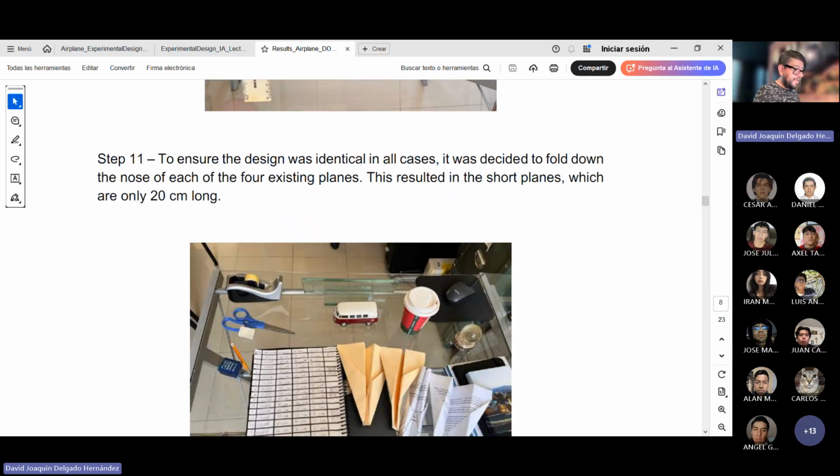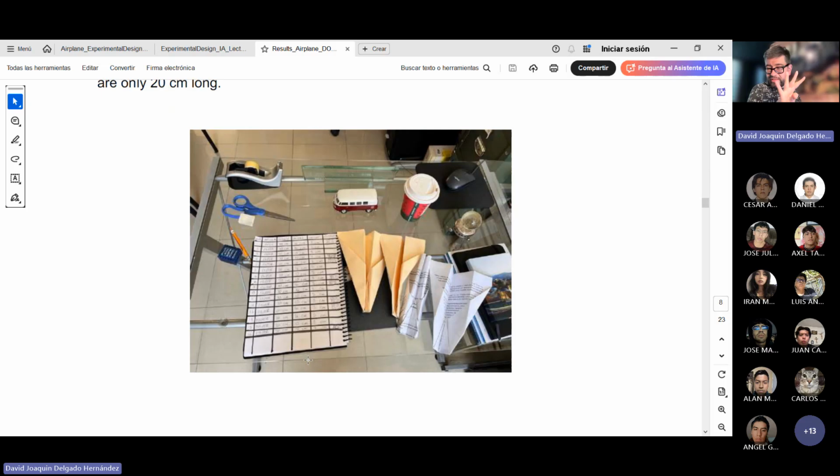Look, they are exactly the same four airplanes, but the only thing that I did was to fold the nose, in order for it to get shorter. Okay, it is now 20 centimeters length. So from here to there, it is 20 centimeters. Okay, and I have my 8 airplanes. In fact, it was four, right? But since I folded the nose, I have the other four, the four long and four short airplanes.